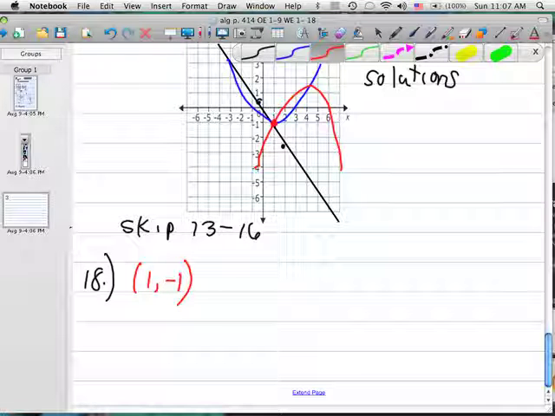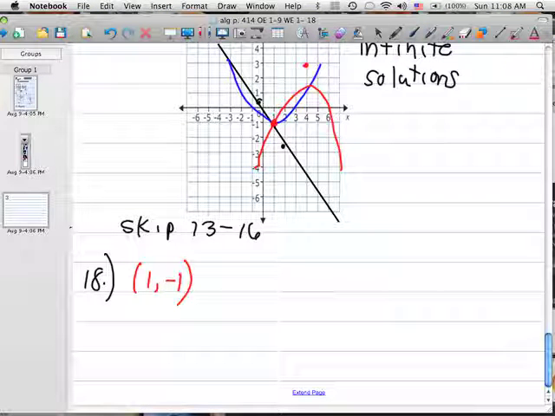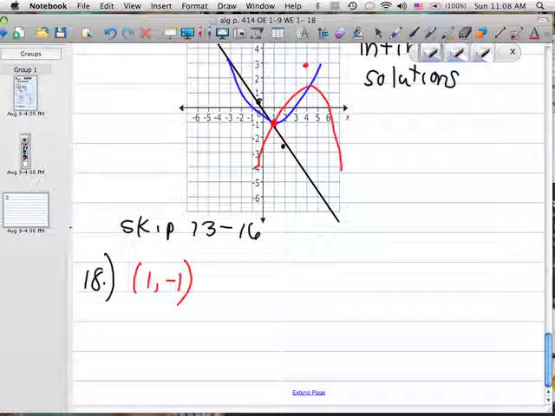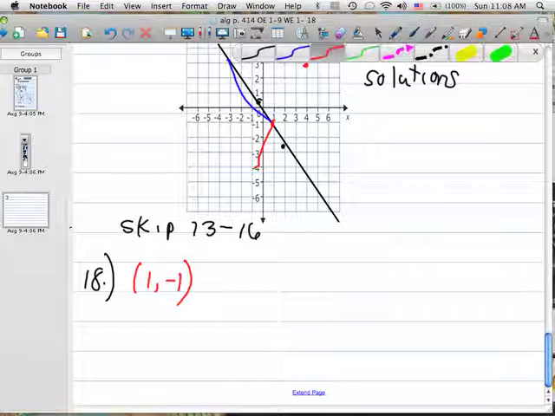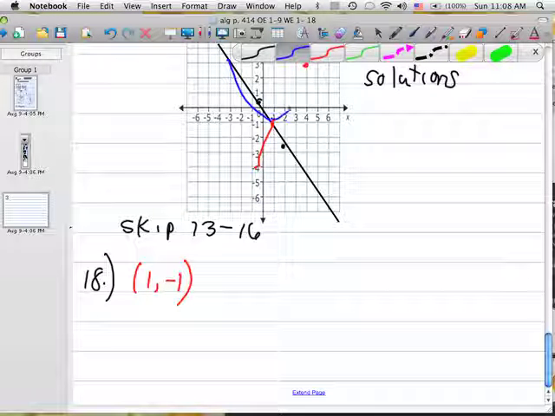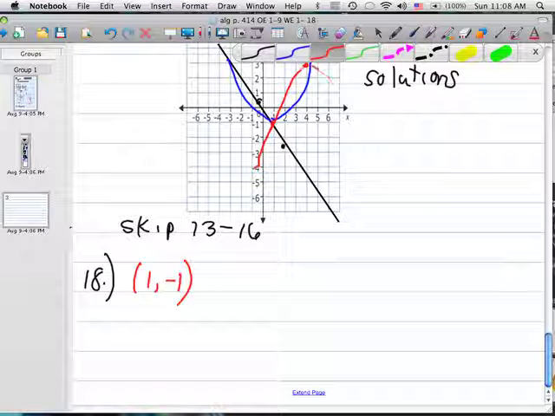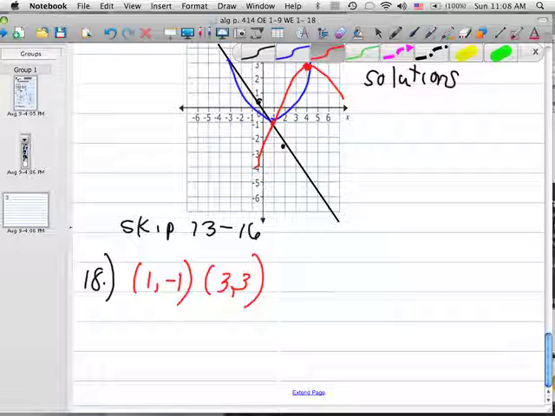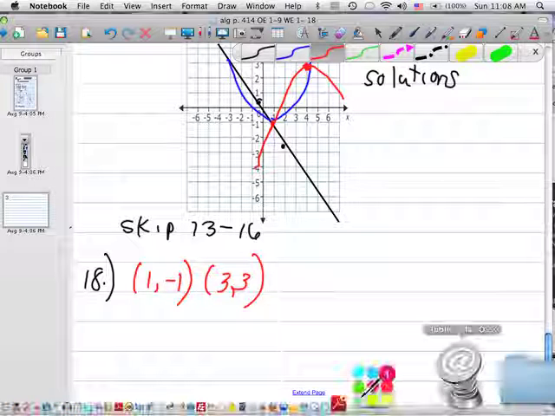And if I drew this correctly, the other one's intersecting up here at 3, 3. So 3, 3 would be our other solution. And you could plug them into the two equations, they would work. That concludes the evens.